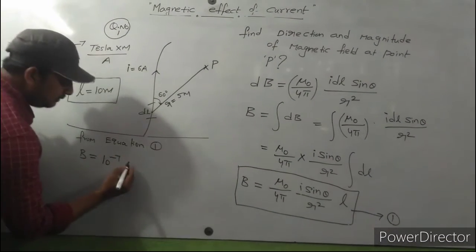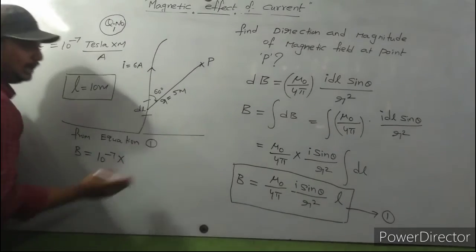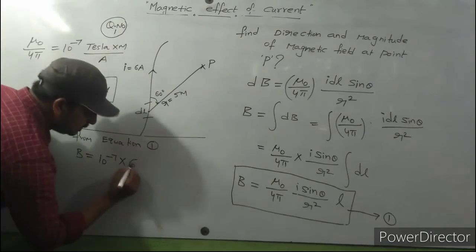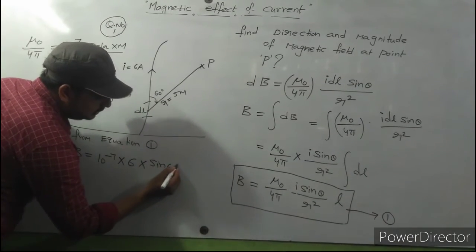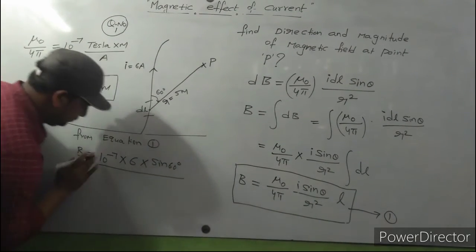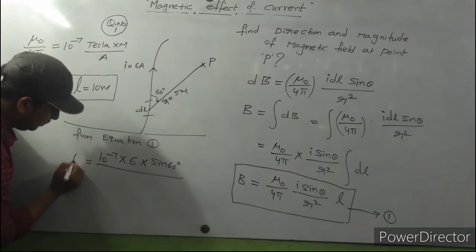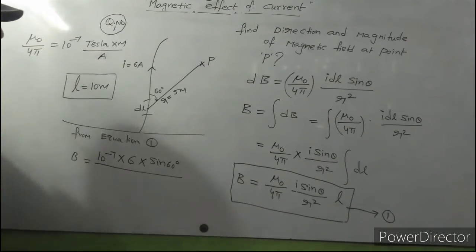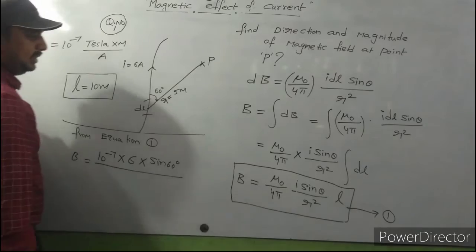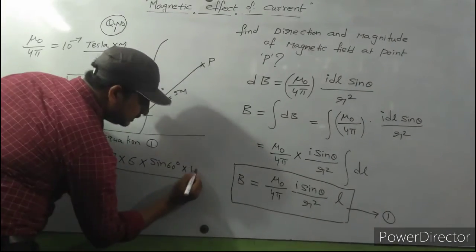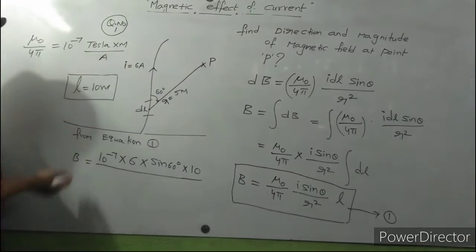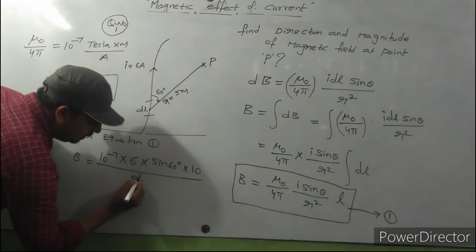So 10 power minus 7 into I value, which is 6 amps, into sin theta, which means sin 60 degrees, by R square, and the L value is there. L value is 10 meters. R square means 5 square.